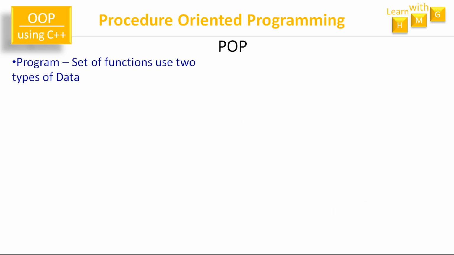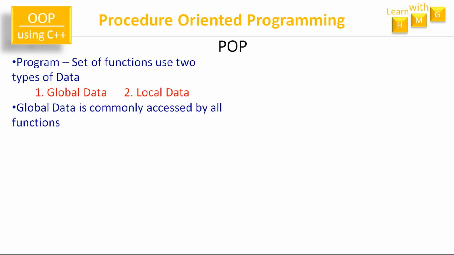The program is nothing but, as we have just seen, a set of functions that use 2 types of data. Obviously the data is required to execute the program, and there are 2 types of data: global data and local data. The global data, what is global data? It is commonly accessed by all functions.